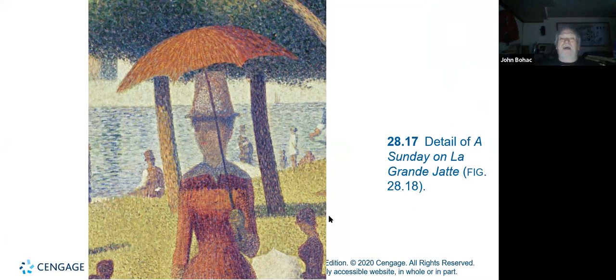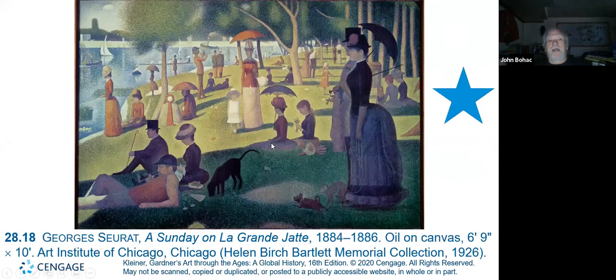And so it's dot painting. It's been called pointillism because all of the brush strokes are dots. And what we would call that in today's language, we'd call it pixels.